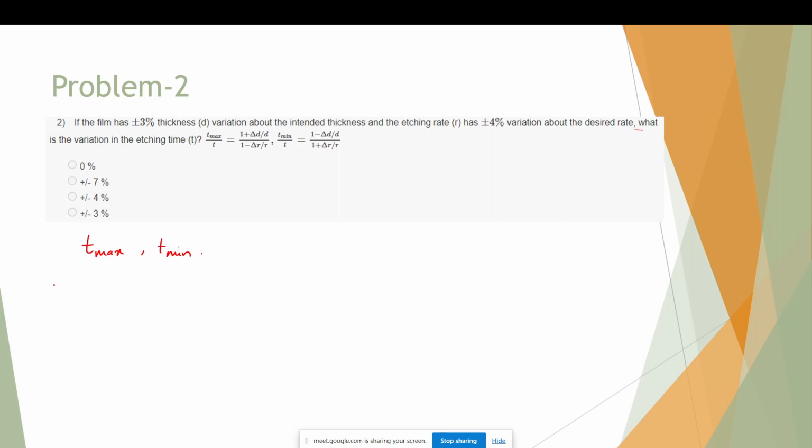Maximum thickness will be plus 3% basically.